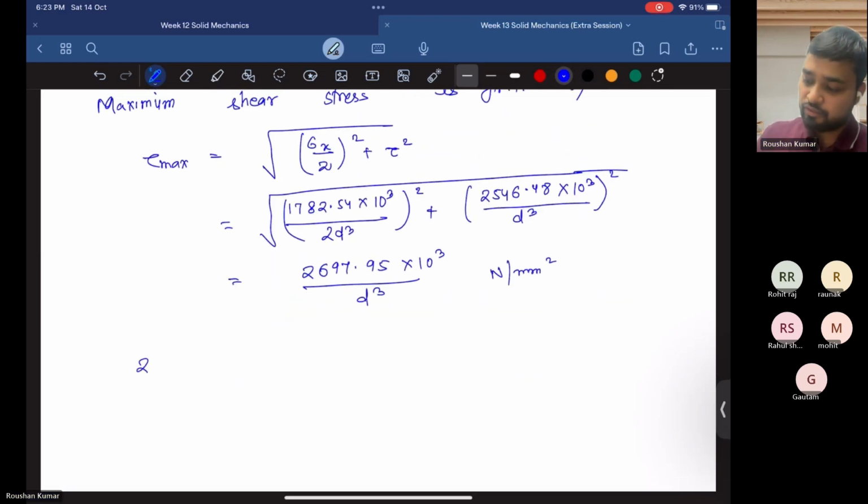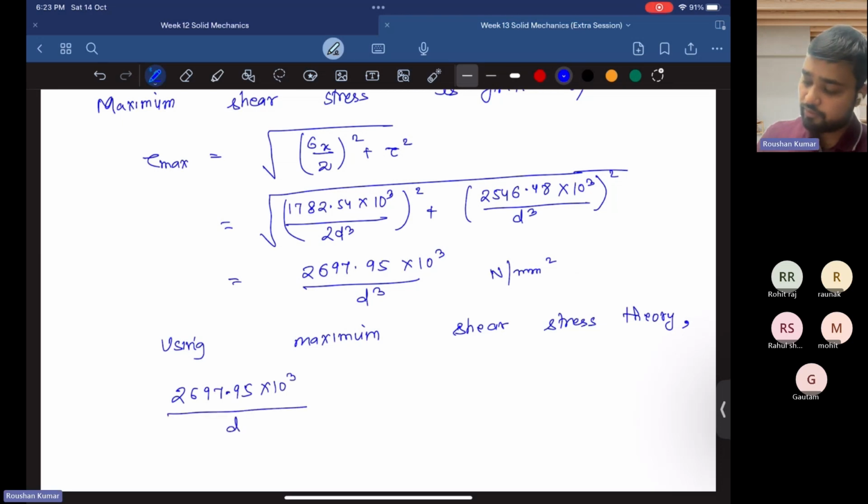So using maximum shear stress theory, 2697.95 into 10 to the power 3 upon d cube must be less than or equal to 100.